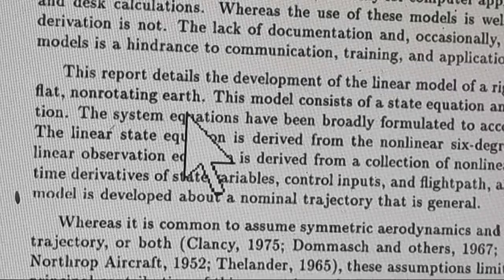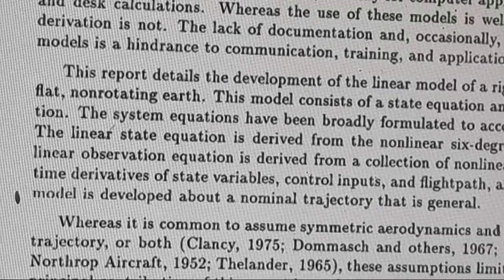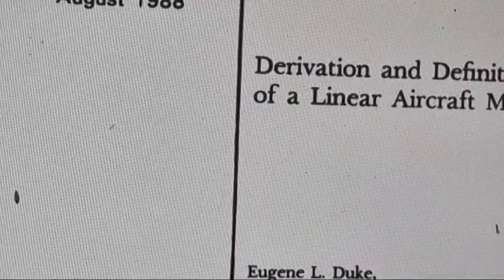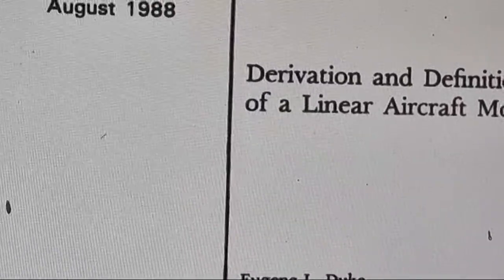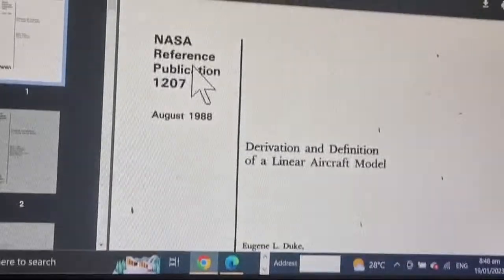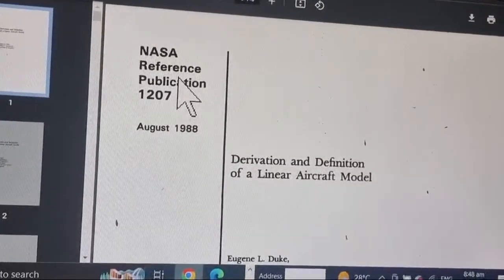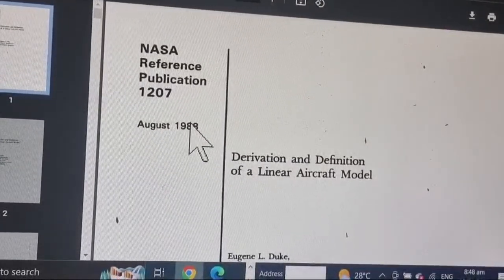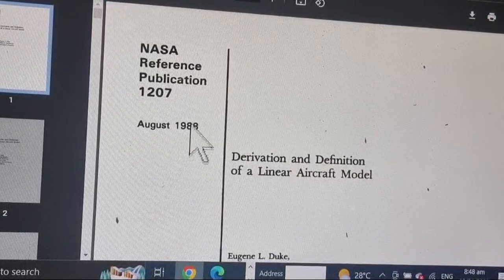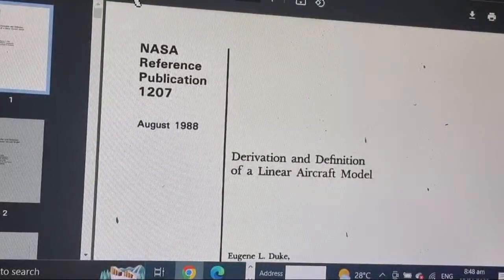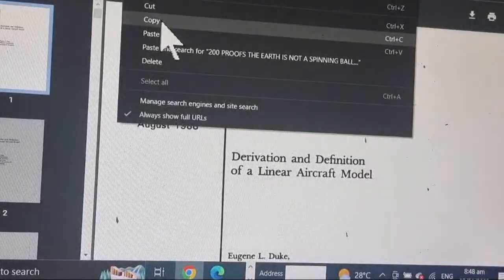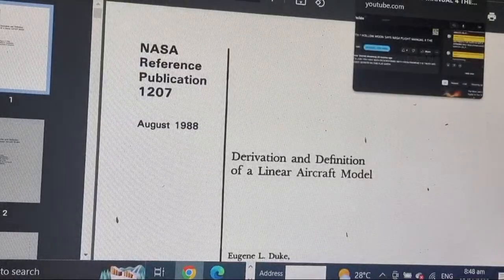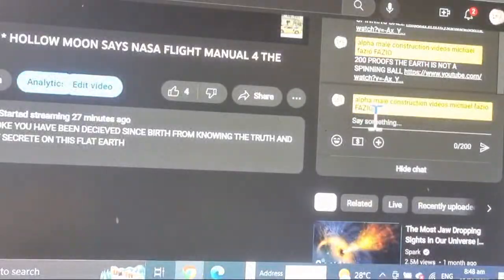This is NASA. So for those of you who are just coming in, this is NASA reference publication 1207, and I'll post that link again in the description box so you guys can follow this.